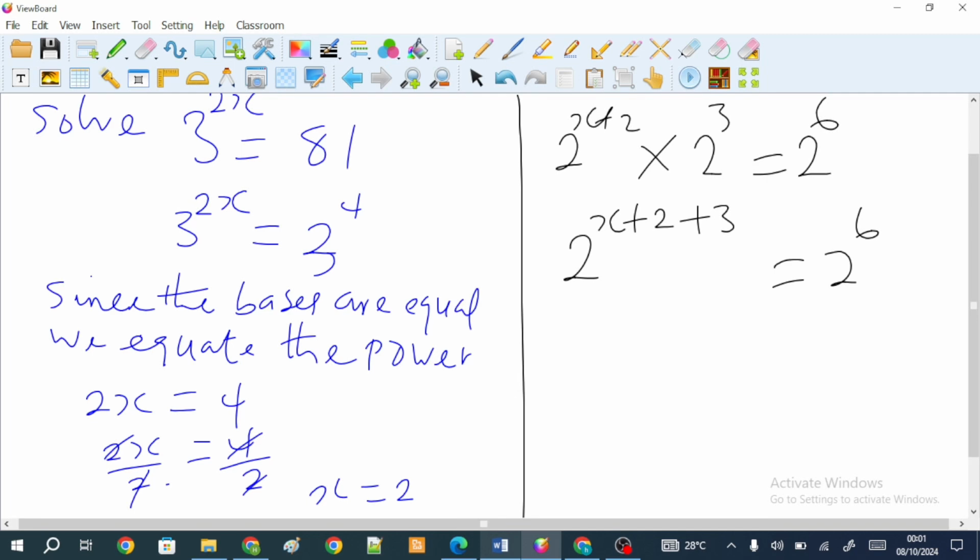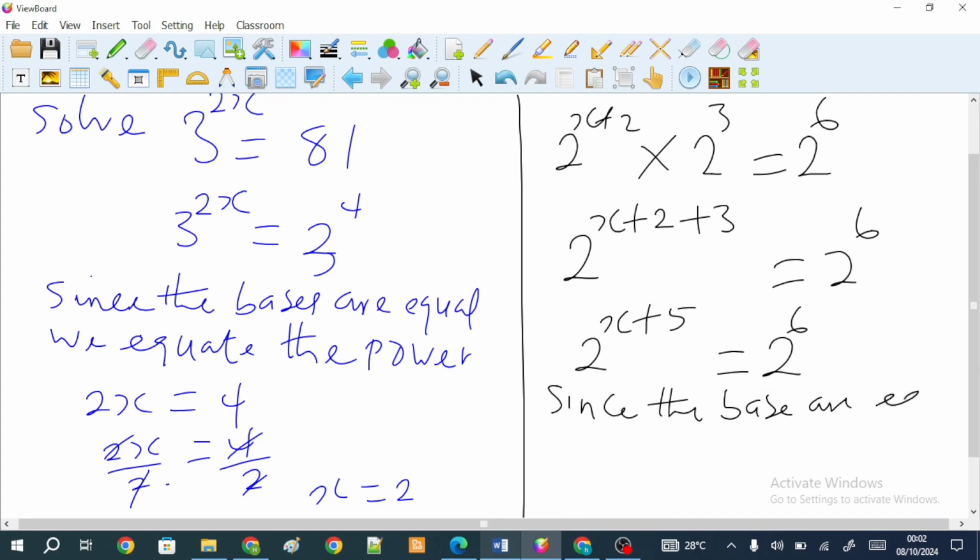Here we have x plus 2 plus 3, which is going to give us 2 raised to the power x plus 5, which is the same thing as 2 raised to the power 6. Now the bases are the same. Since the bases are equal, we equate the powers.